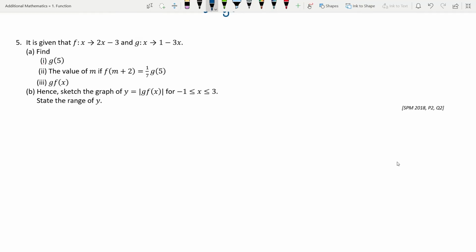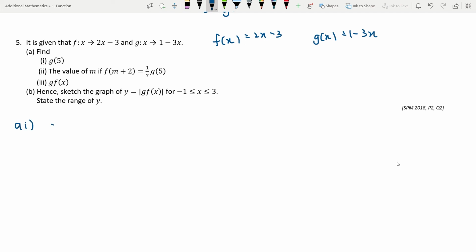Last question, question 5. It is given that function f such that x is converted into 2x minus 3 and function g such that x is converted into 1 minus 3x. A. Find g of 5. Here we have f of x is equal to 2x minus 3 and also g of x is equal to 1 minus 3x.